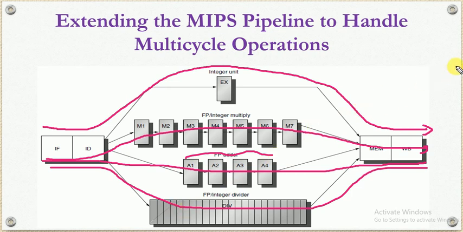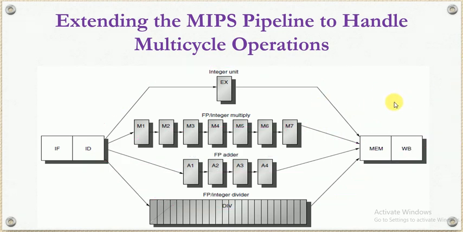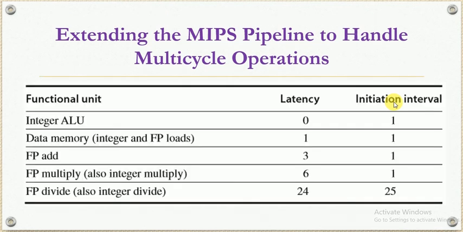So we need to consider the latency and initiation interval for the different situations. We have a table that indicates the various functional units already given in the previous diagram and their corresponding latency and initiation interval. We have the integer ALU, that is for normal integer operations. Then we have data memory, that is for load operations, and store is also there.